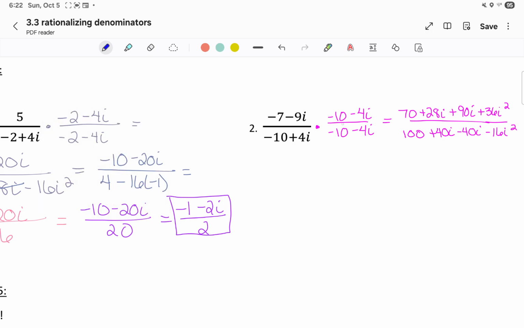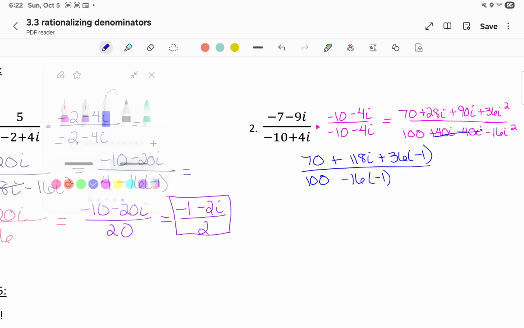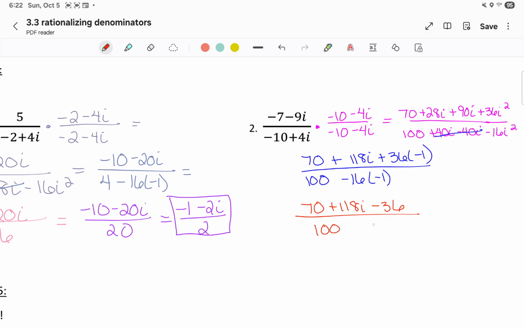So when we start combining like terms, we have 70 plus 118i plus 36 times negative 1. That is over 100. Those 40i's cancel. Minus 16 times negative 1. Then we have 70 plus 118i minus 36 over 100 plus 16.